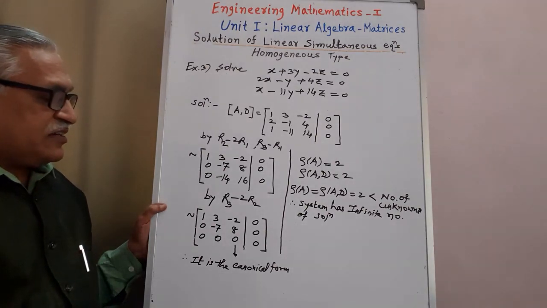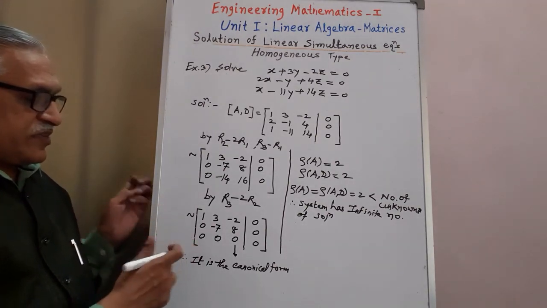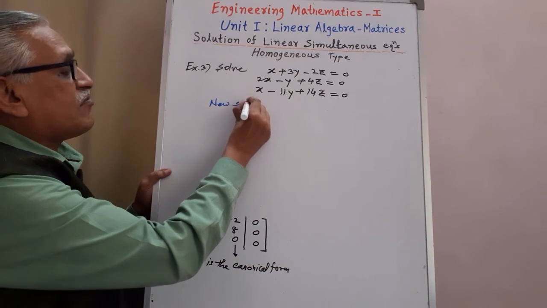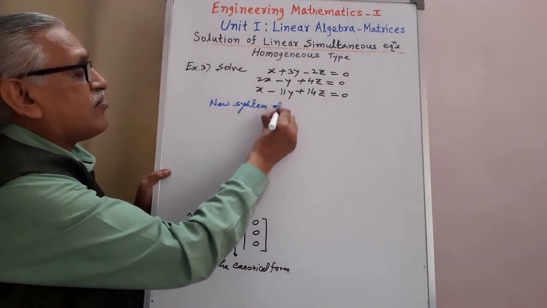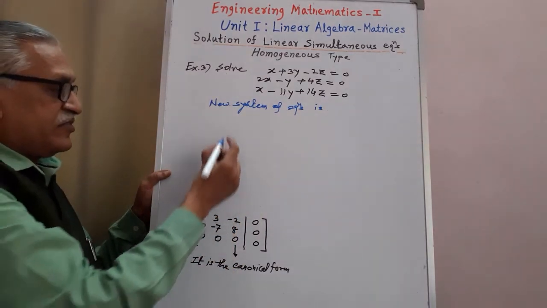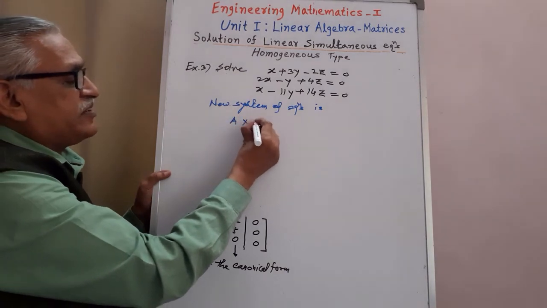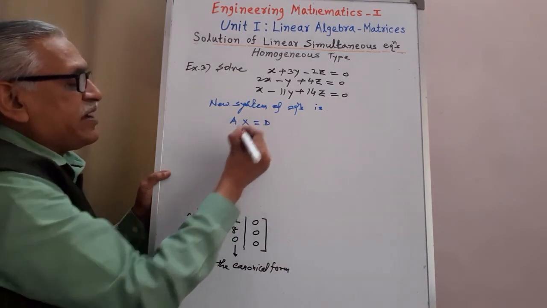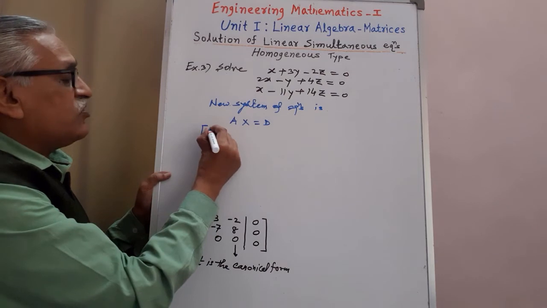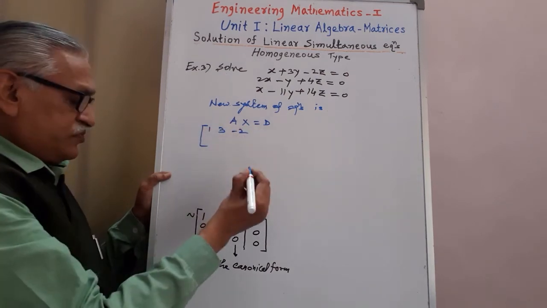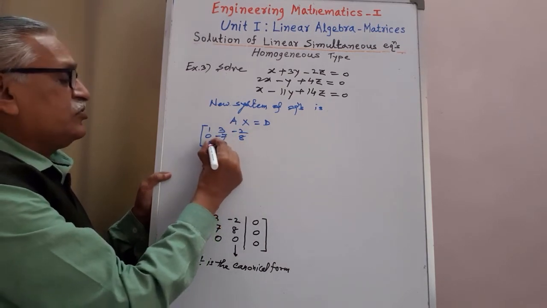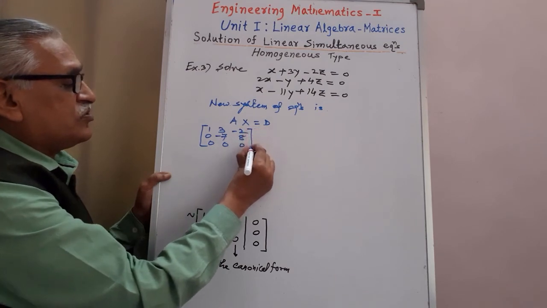And to determine that, we have to write down the equations. The new system of equations is this matrix A, multiplied by matrix X, equals the D matrix. That matrix A has the elements 1, 3, minus 2, 0, minus 7, 8, 0, 0, 0.